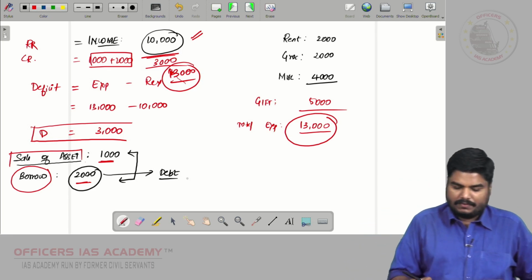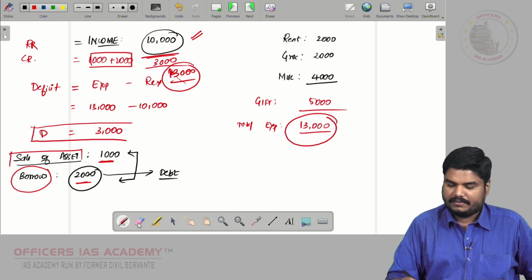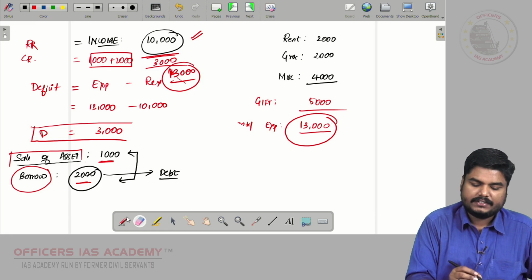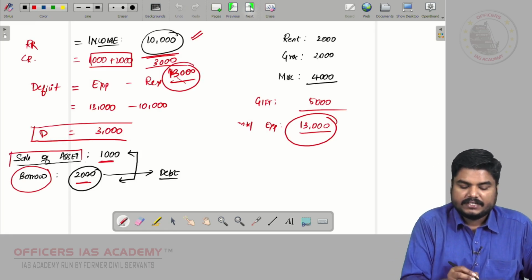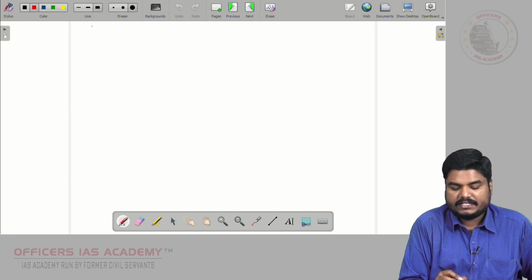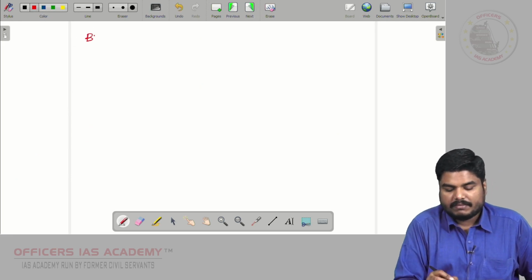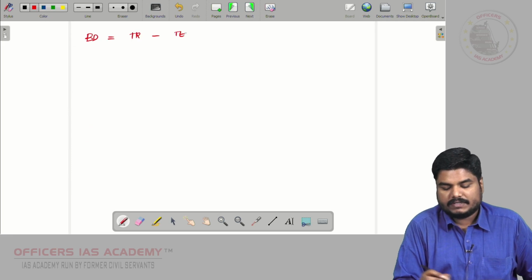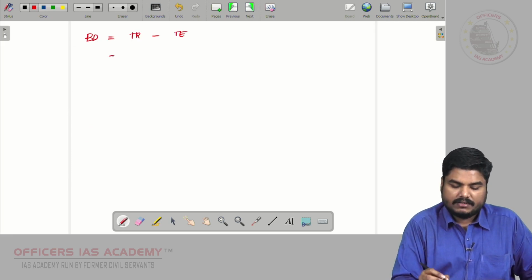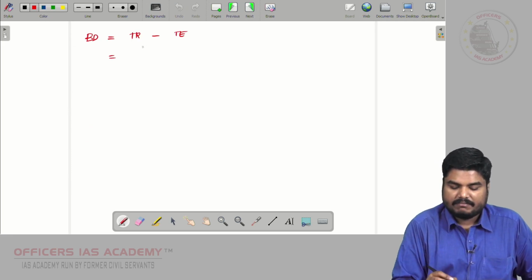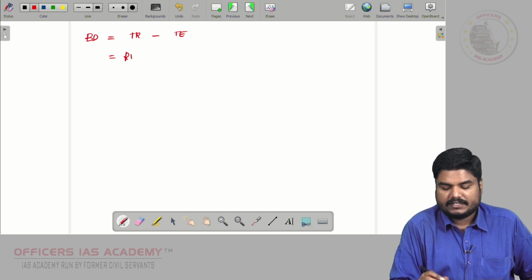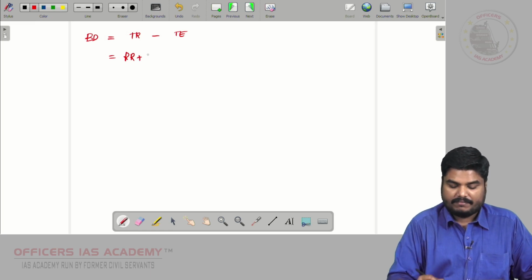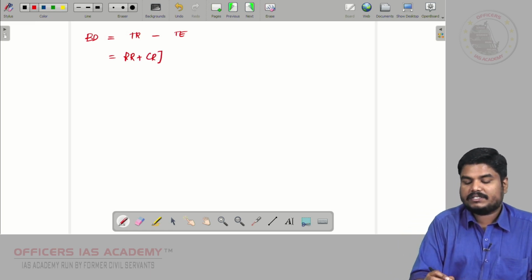Okay. So let me write it here, in this example, the calculation which I have made. What is budget deficit? Budget deficit is equal to total expenditure minus total receipt.